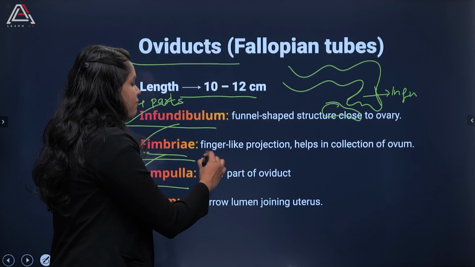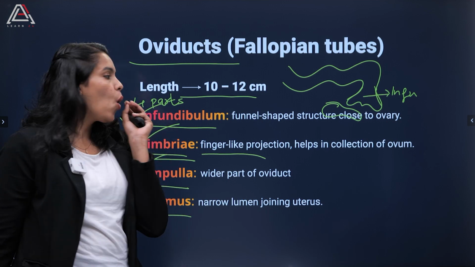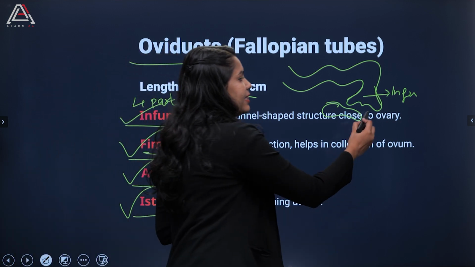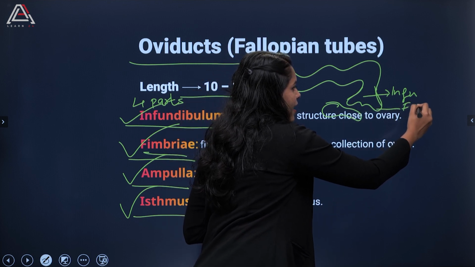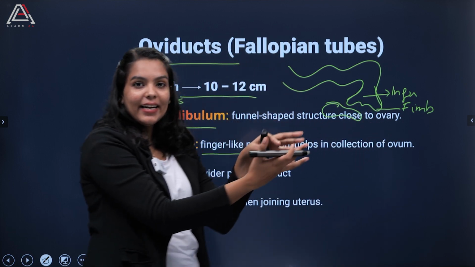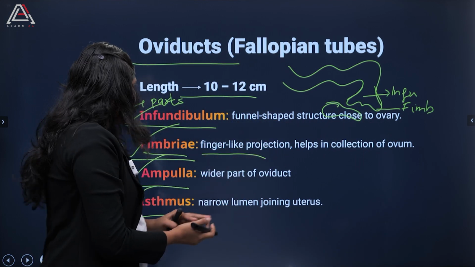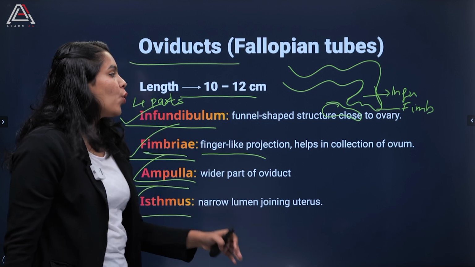The fimbriae are finger-like projections which help in the collection of the ovum.